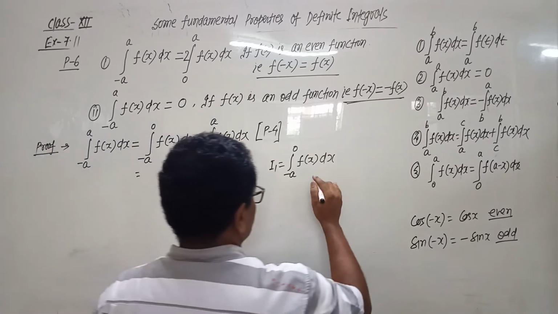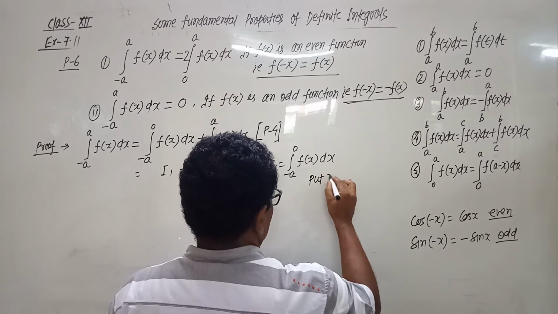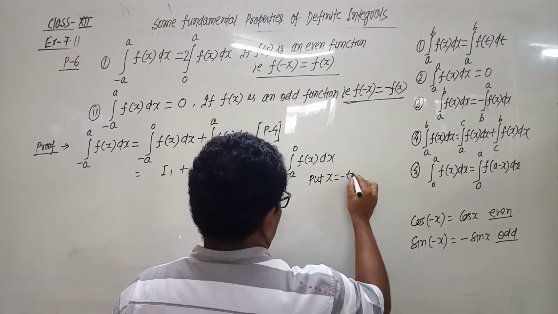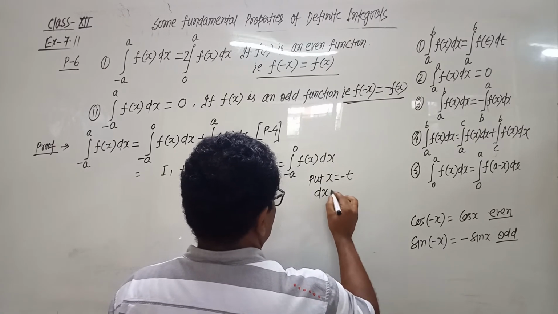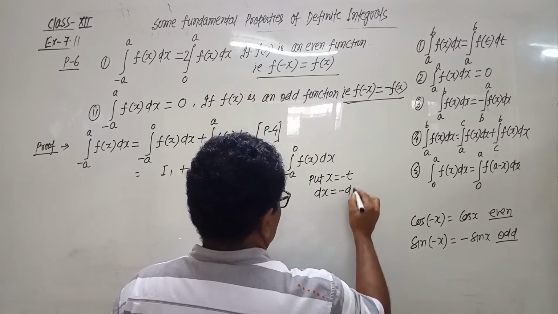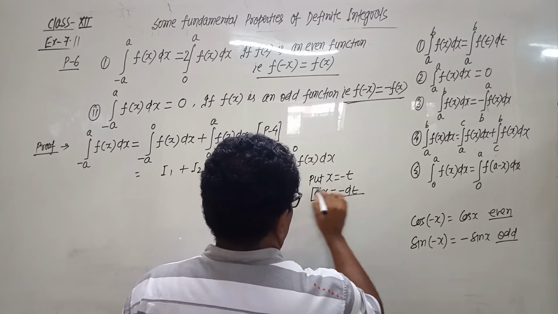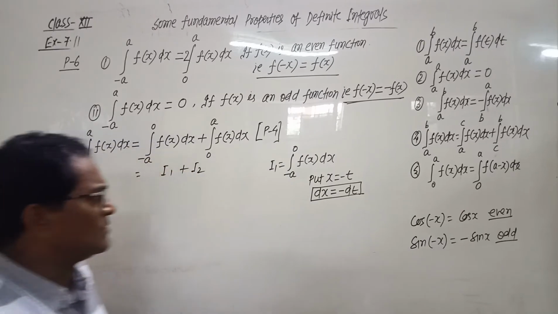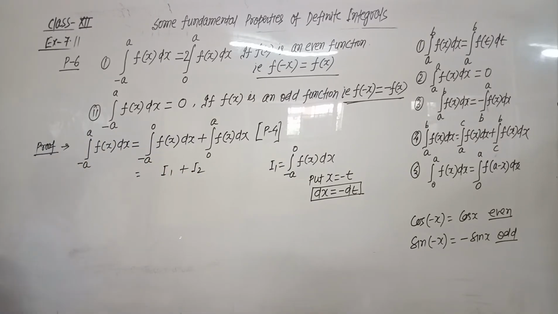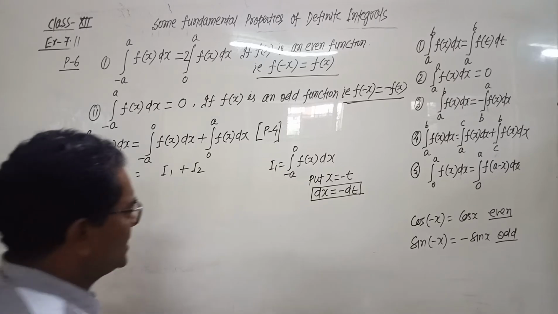Now put x equals to minus t. Then we get dx equals to minus dt. When we put x equals to minus t and then differentiate, we get dx equals to minus dt.